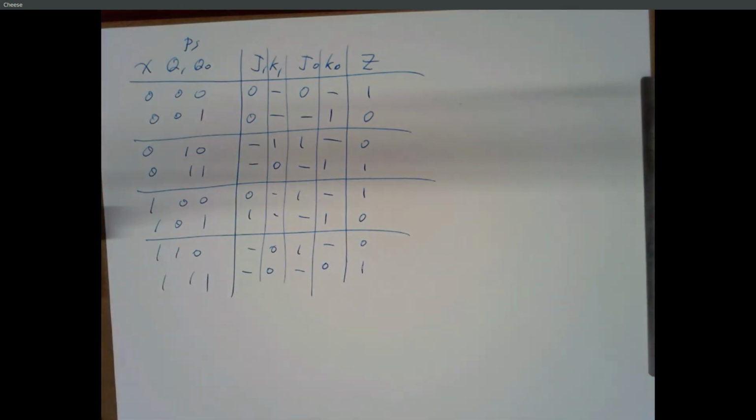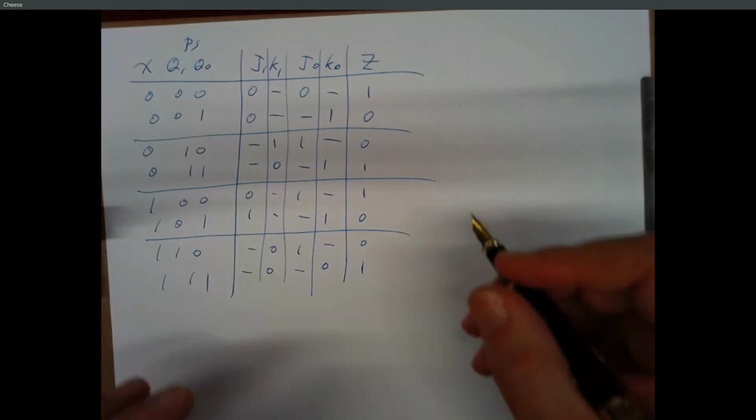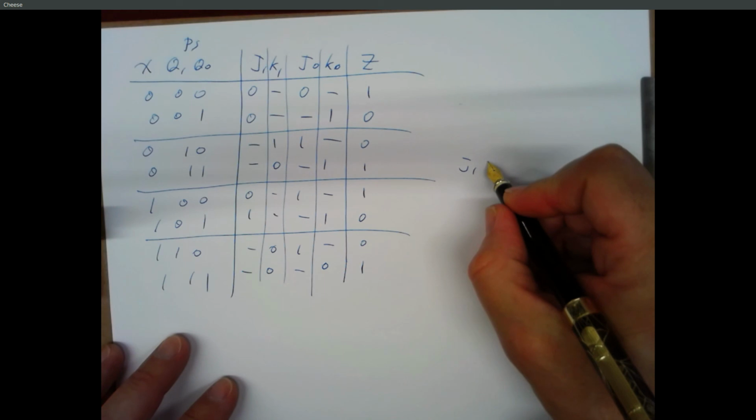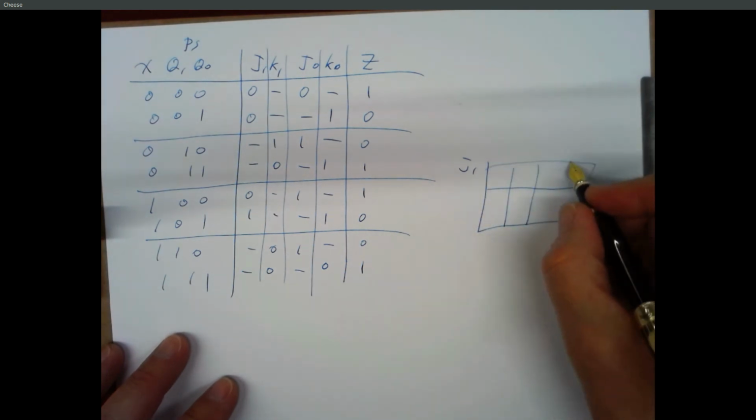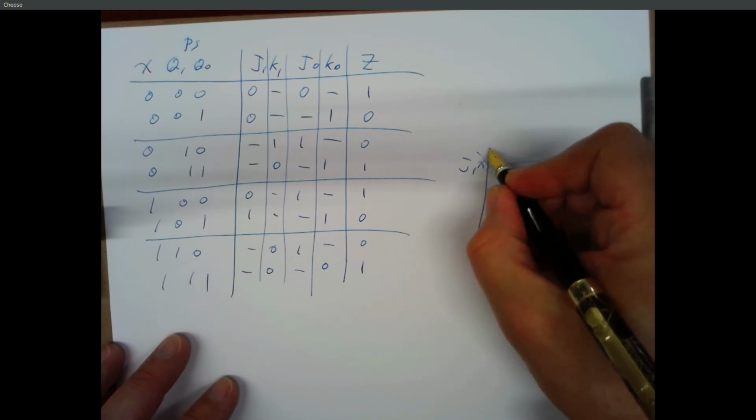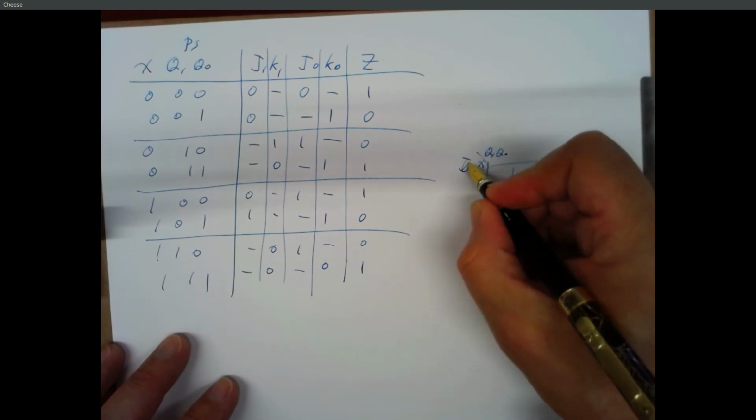Alright, so there's a truth table problem. And this is a total joy to work with. So here's X, Q1, Q0.